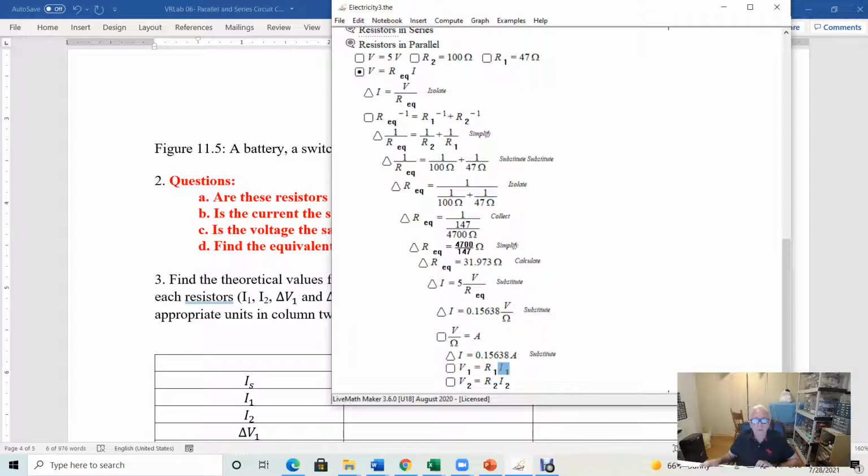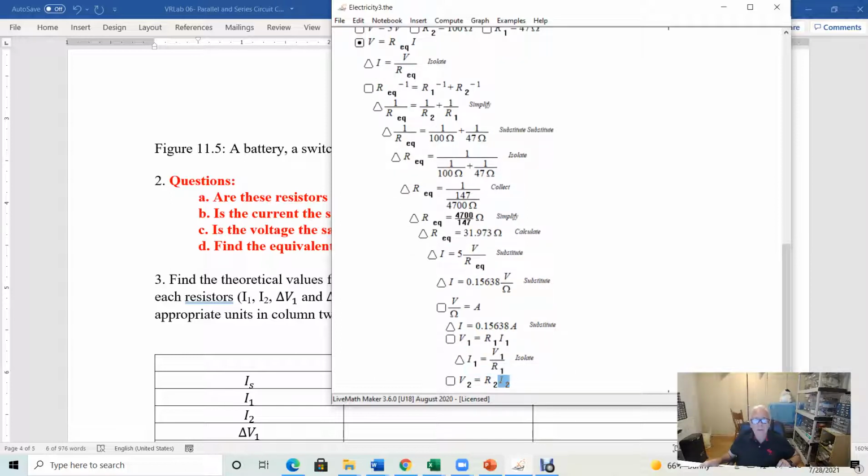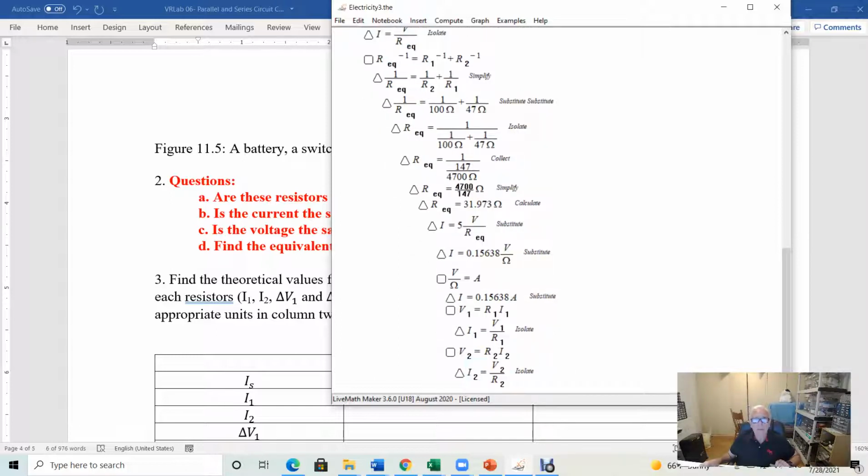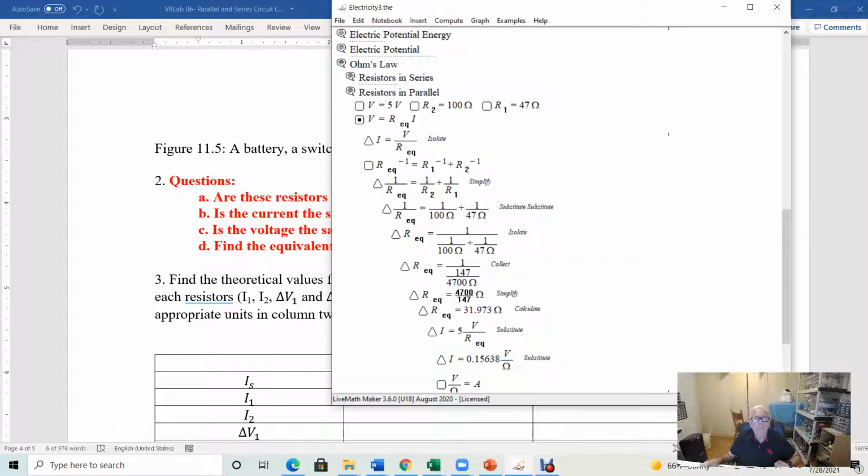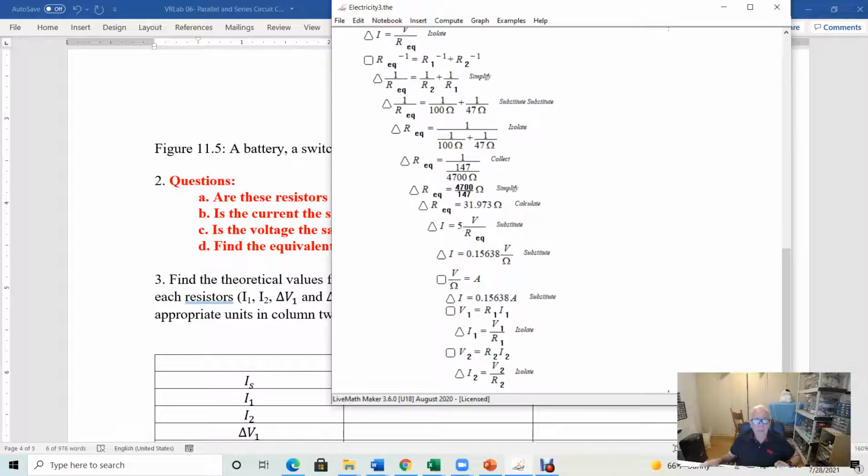We're going to calculate that. V1 is equal to V, because the resistors are in parallel.